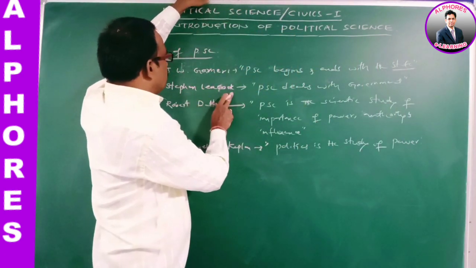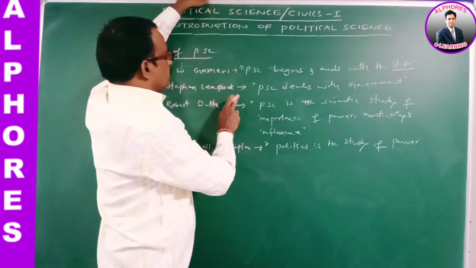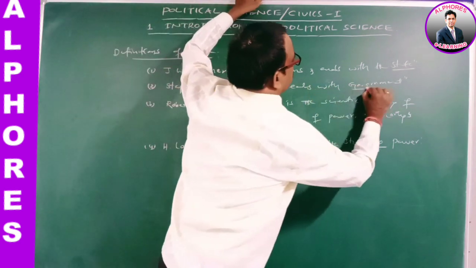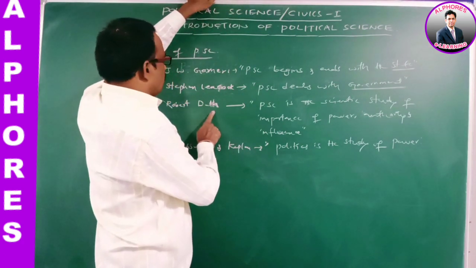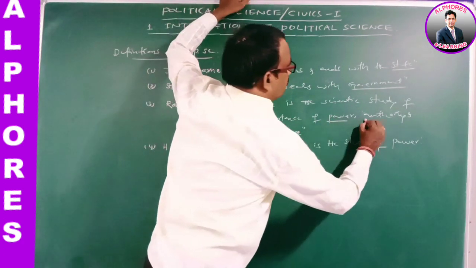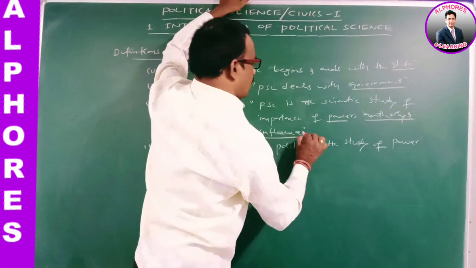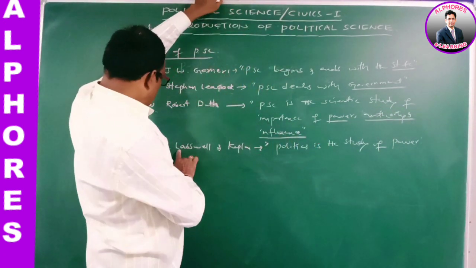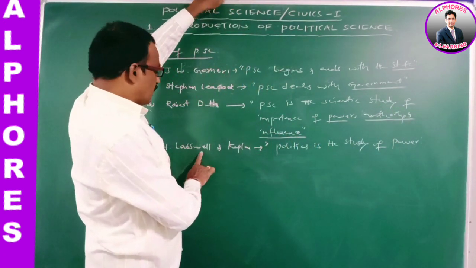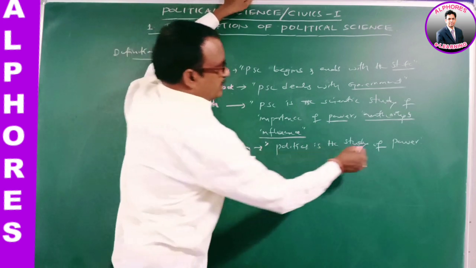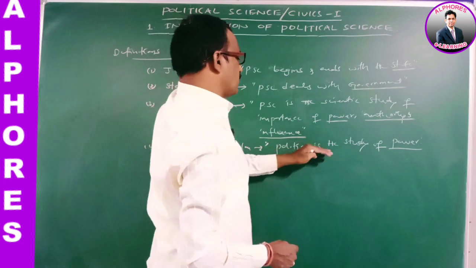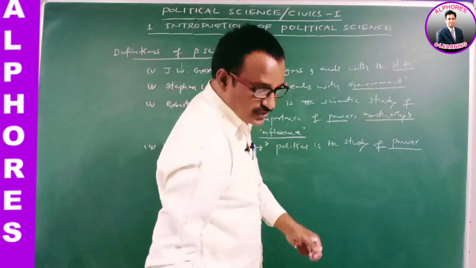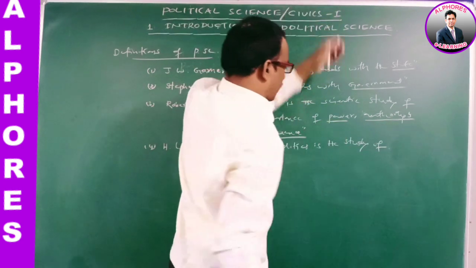Stephen Leacock has given definition based on government. Then Robert Dahl based on power, authority and influence. Harold Laswell and Kaplan based on power. Here also the political science is a study of sharing and shaping of the power.